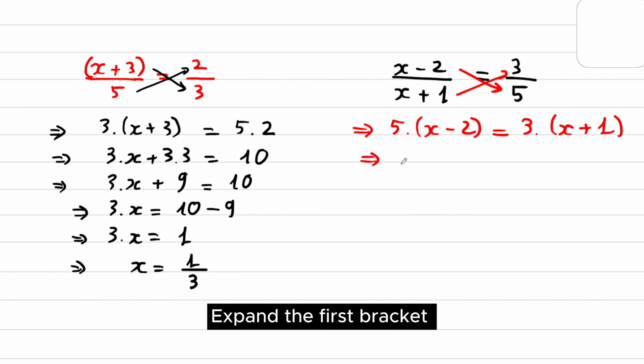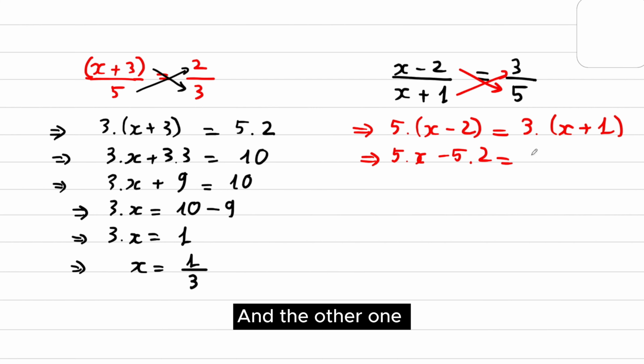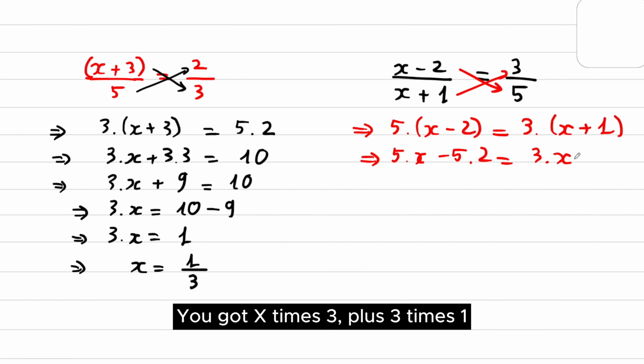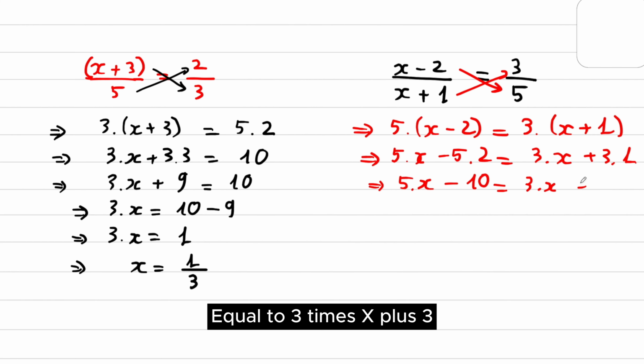Expand the first bracket: you get 5 times x minus 5 times 2. And the other one, you get 3 times x plus 3 times 1. So here you get 5x minus 10 equal to 3x plus 3.